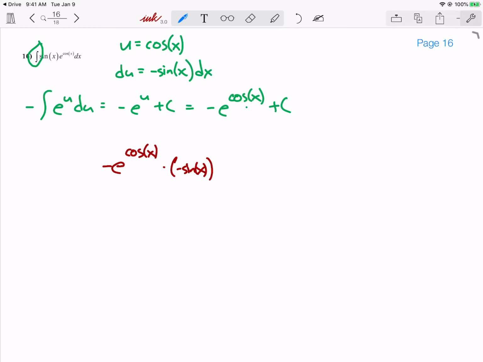Well, negative times a negative gives me a positive, so I've got sine of x times e to the cosine of x. And then obviously the derivative of a constant is simply 0. So that is exactly what I had as my integrand in the original problem. Remember that the integrand is what you are trying to integrate. Let's see if I can highlight it. Just that. So that is my integrand, which is exactly equal to the derivative of the answer I got. So you can always check your work.